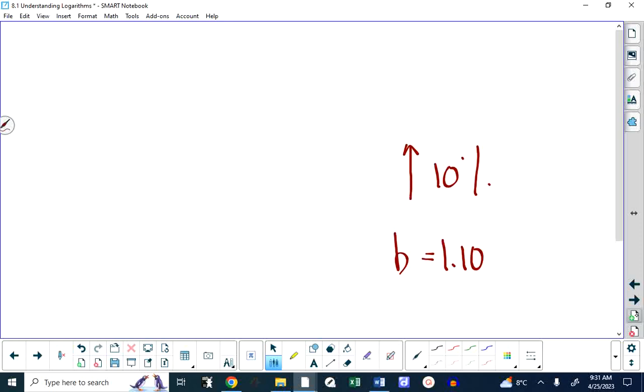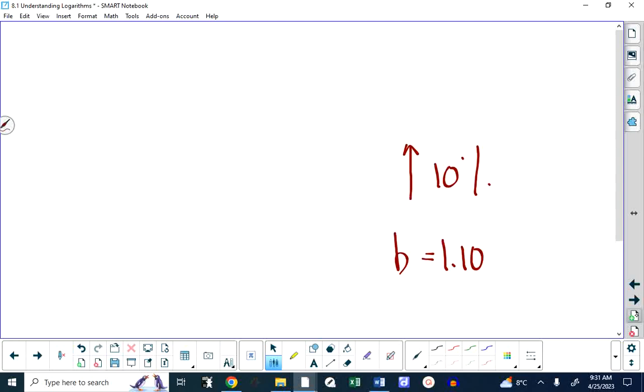My point is, B is 1.10, that's what the population is being multiplied by regularly. So if it's multiplied by 1.10 five times, all that means is in the equation you would have 1.10 raised to the 5. That's what makes it exponential.